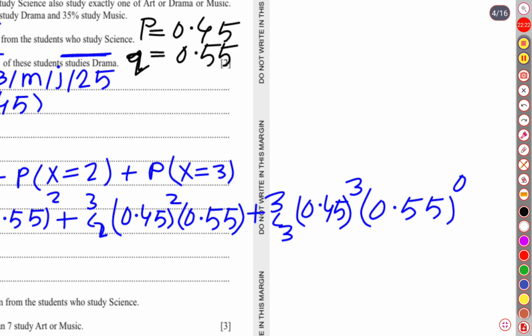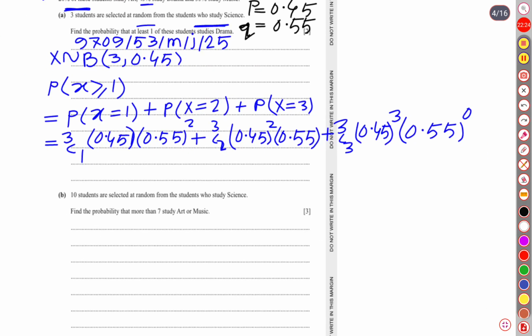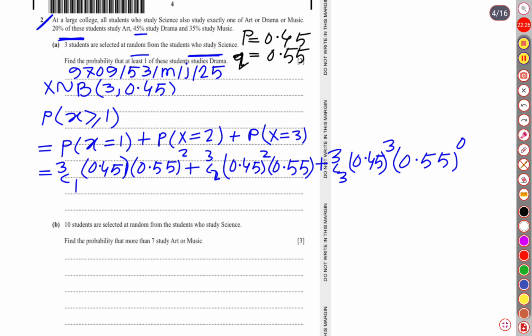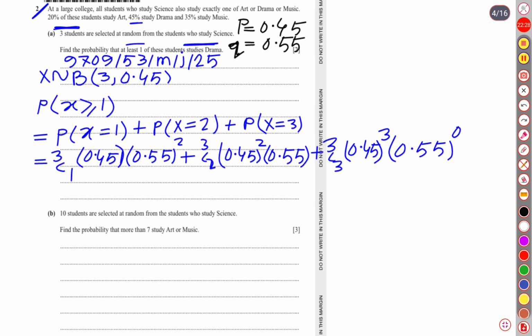Okay, then if we use our combinations, from 3 people, if we choose one person at a time, there are 3 ways. So 3 into 0.45 into 0.55 squared, plus from 3 people, if we choose 2 people, there are again 3 ways.